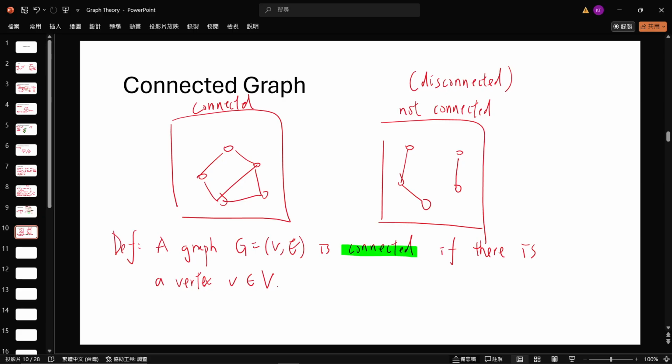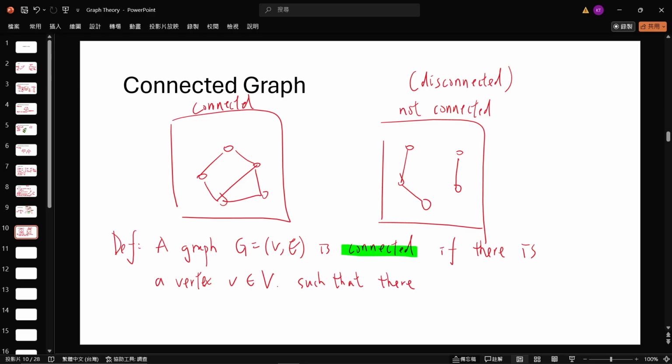So this capital V is the vertex set, and this lowercase v is a vertex, which such that, or, I'll use the term path, okay?